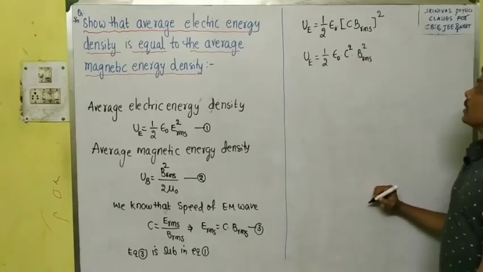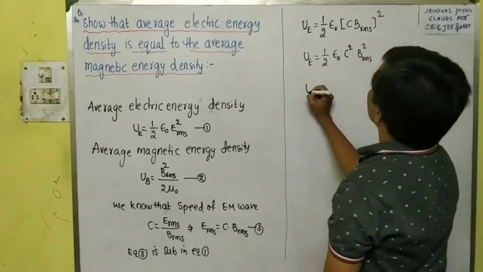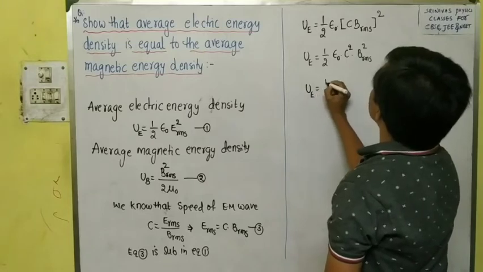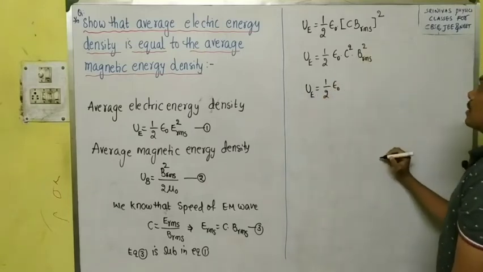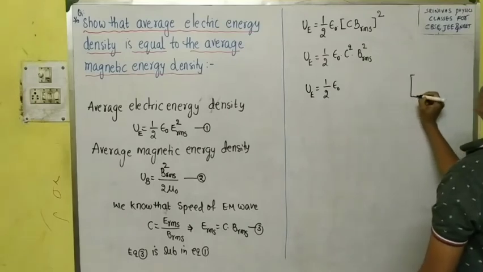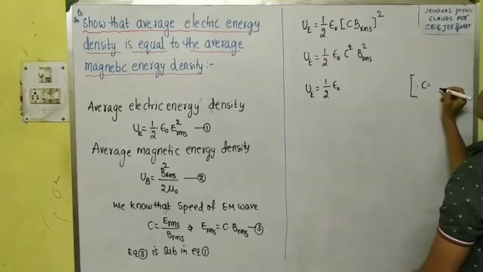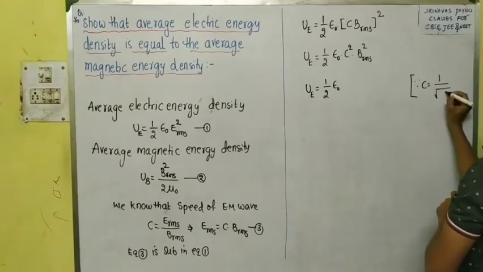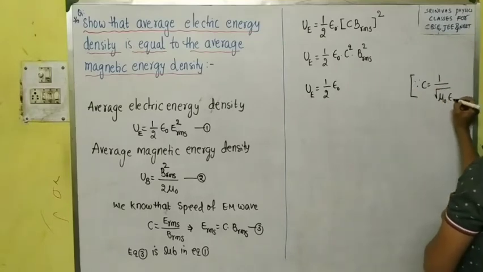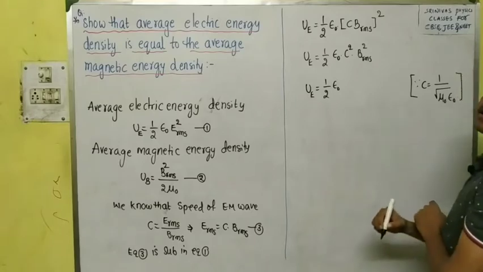Okay. But one thing you know, the C square formula we know, that is the speed of light formula in terms of permeability and permittivity. That is C is equal to 1 by under root mu naught epsilon naught. This we know already from the previous topic.